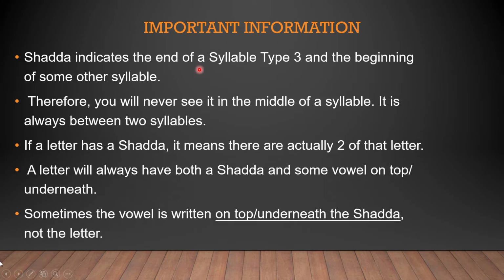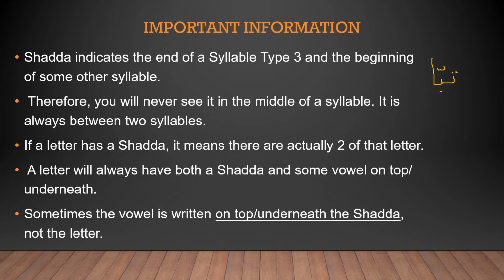So here is some more information. Shadda indicates the end of syllable type 3 and the beginning of some other syllable. It doesn't always have to be syllable type 1. Although that's the easiest, Shadda can also have syllable type 2. For example, in this case, there is a ta and then there is ba.